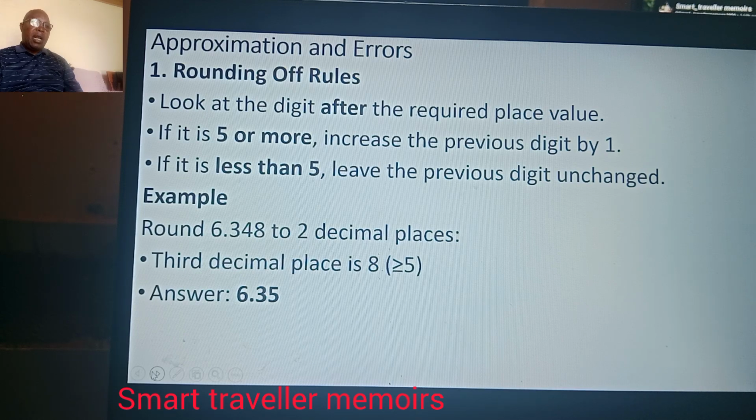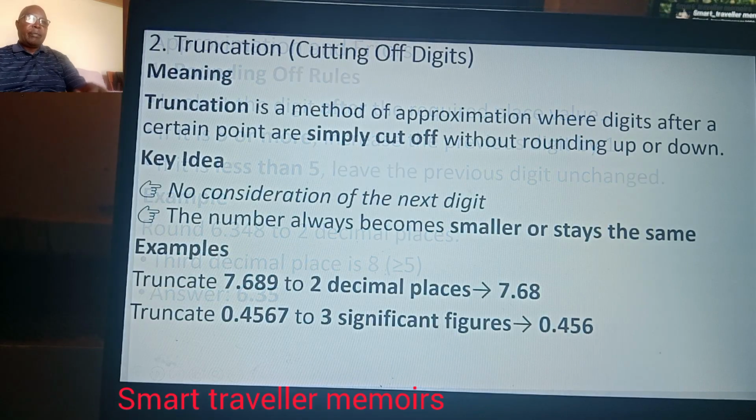Example, round 6.348 to 2 decimal places. The third decimal place is 8, and 8 is greater than 5. Therefore, the answer is 6.35 when you round up.